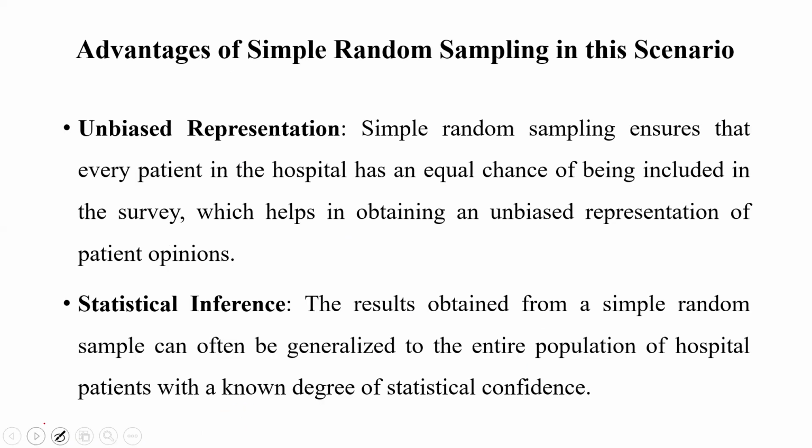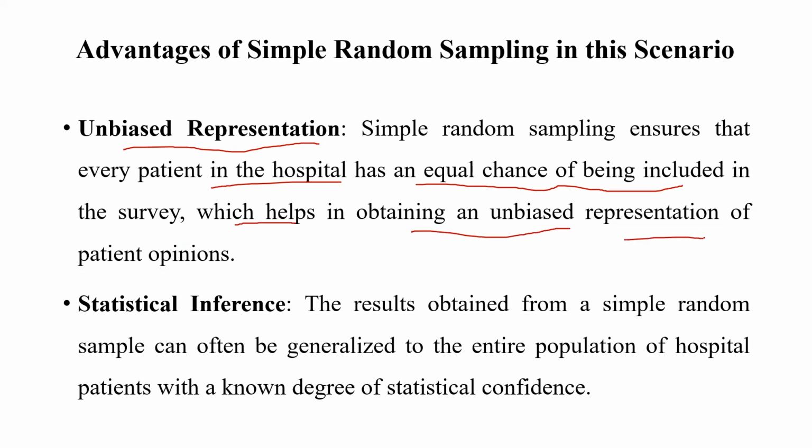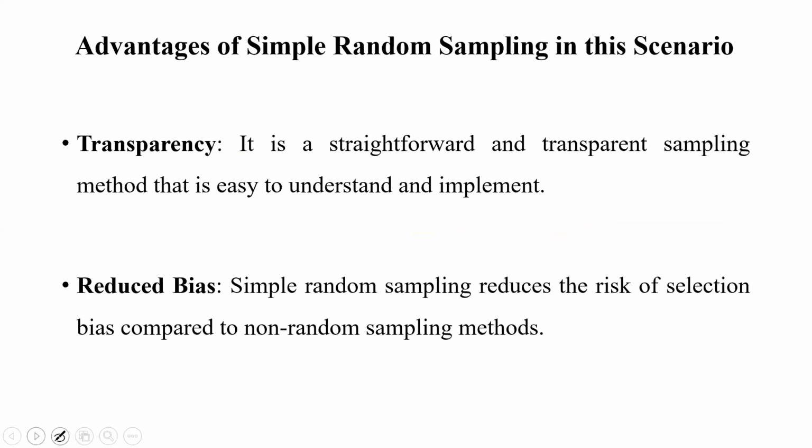So the advantages of simple random sampling in this scenario. Unbiased representation: simple random sampling ensures that every patient in the hospital has an equal chance of being included in the survey, which helps in obtaining an unbiased representation of patients' opinions. And statistical inference: the results obtained from a simple random sample can often be generalized to the entire population of hospital patients with a known degree of statistical confidence.